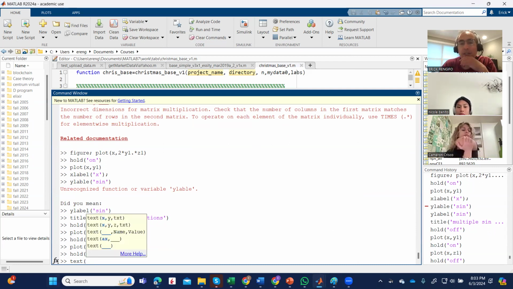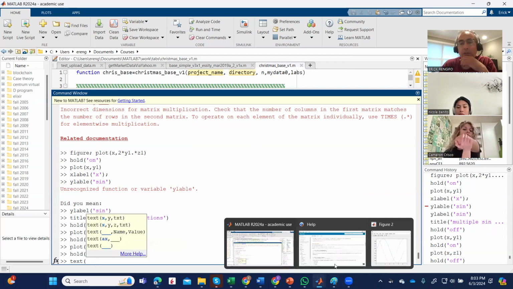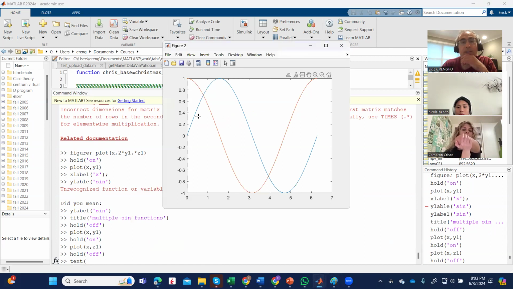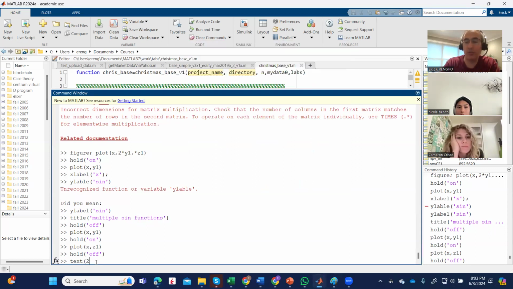So what is a coordinate here? It's a kind of a pane. More or less at 2.5 and 0.7, perhaps. You see 2.5 is going to be up, and 0.7 is going to be here, more or less to appear here. So what I will do is 2.5 and 0.7, and I want to write the function. What function was that? I think it was sine of x.